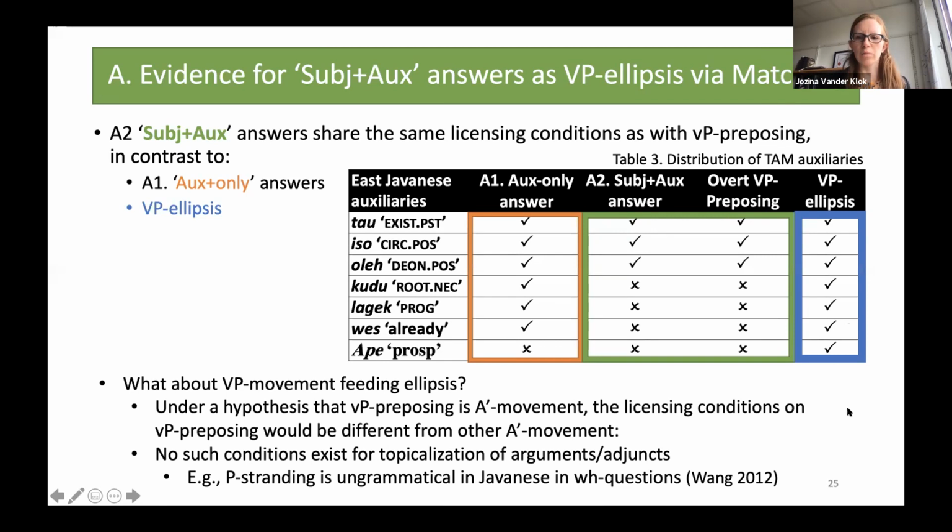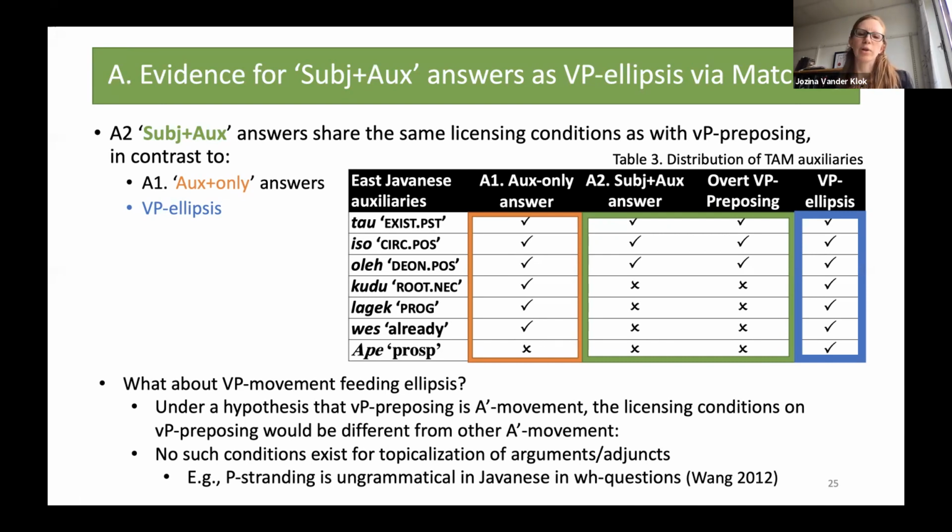Well, in the spirit of Toms and Walkden, under a hypothesis that VP preposing is A-bar movement, the licensing conditions on VP preposing would have to be different from other A-bar movement. So no such conditions exist for topicalization of arguments or adjuncts. For example, P stranding is ungrammatical in licensing WH questions in Javanese.